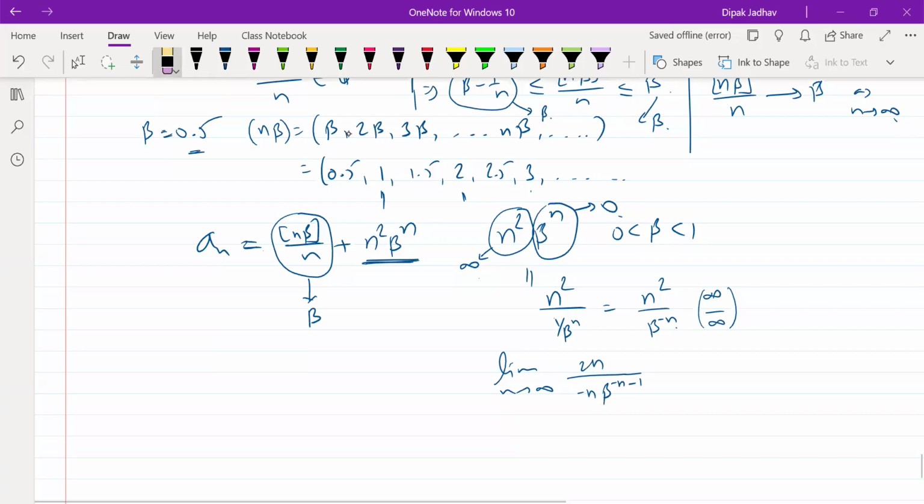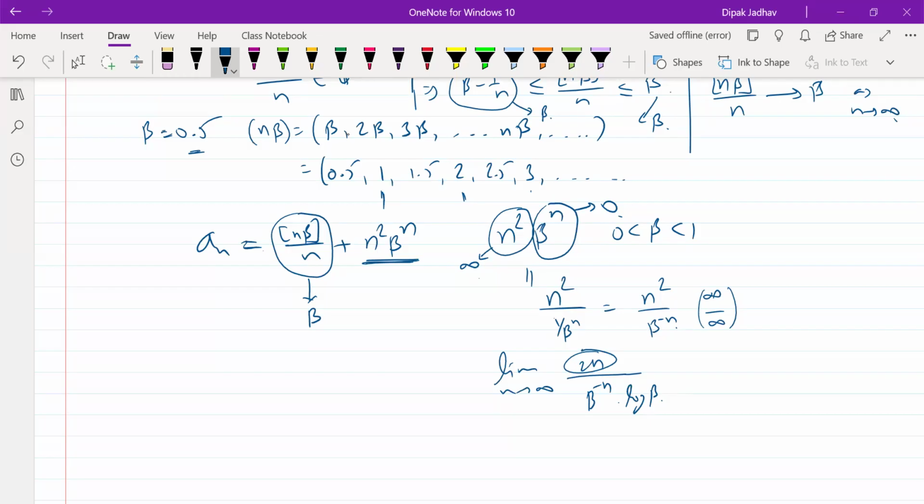Sorry. Beta raised to minus n, the derivative is beta raised to minus n into log of beta. And you again apply one more time L'Hopital and you can observe numerator n will vanish and you have n in the denominator.